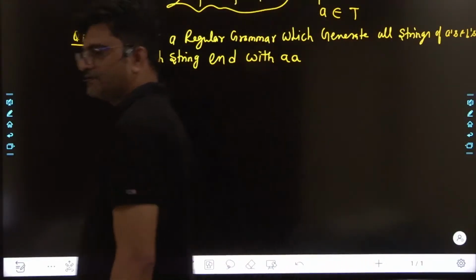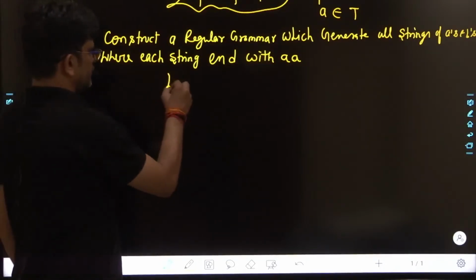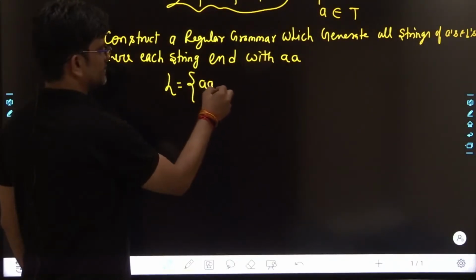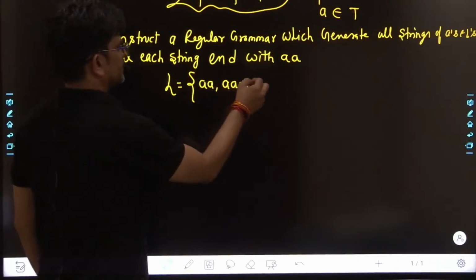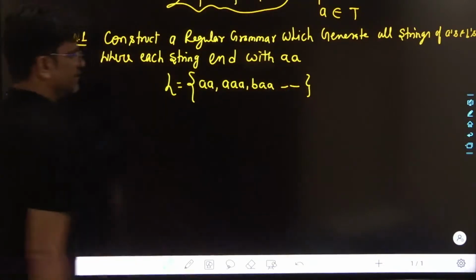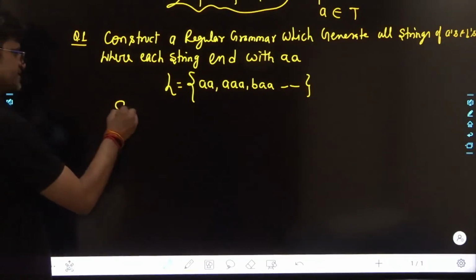Now, end with double A, where each string ends with double A. So what are the strings present in the language? Double A, triple A, B double A, and many more. So this is our start symbol.